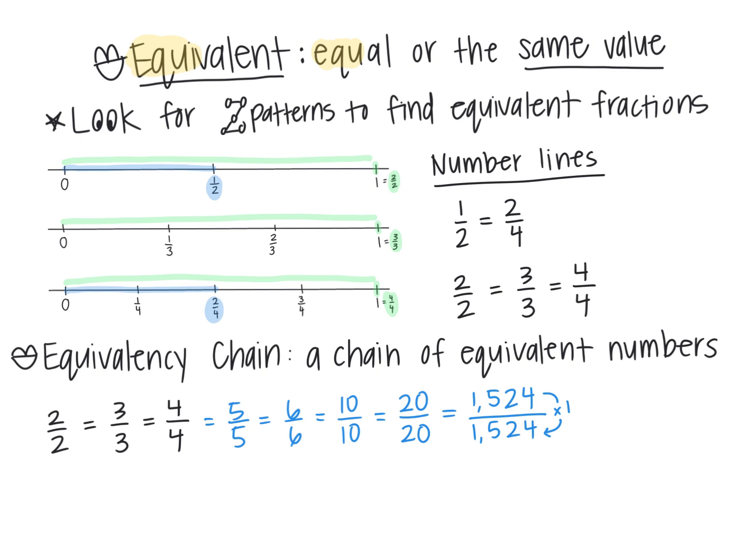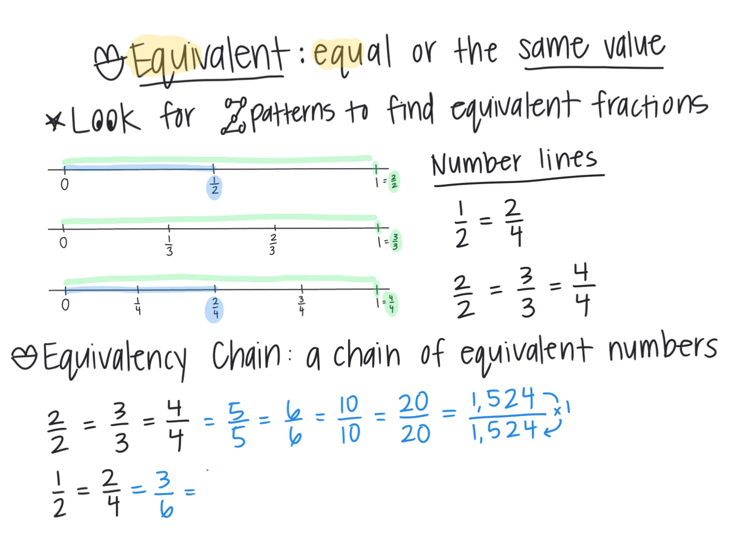Let's look at another pattern with the fractions that we found over here, 1/2 and 2/4. Let's see if we can build on this equivalency chain. Well, I remember from the last lesson, we learned that 3 is half of 6. So 3/6 is equivalent to 1/2 and 2/4.